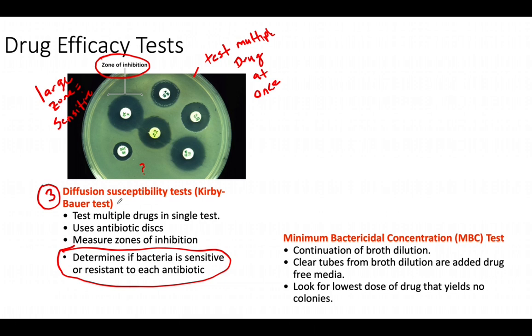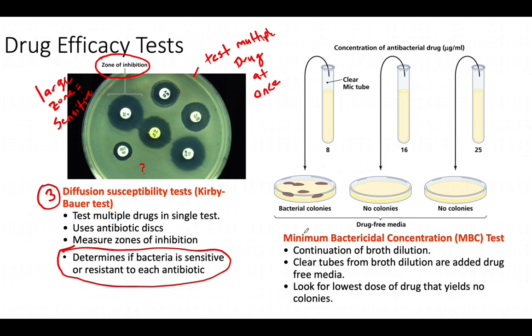But what it doesn't tell you is what dose is effective. And so that's where an MIC test, like an E-test or a broth dilution test, could be helpful. So the last test, it's related to an MIC test, but notice the abbreviation is changing. So this is a minimum bactericidal.